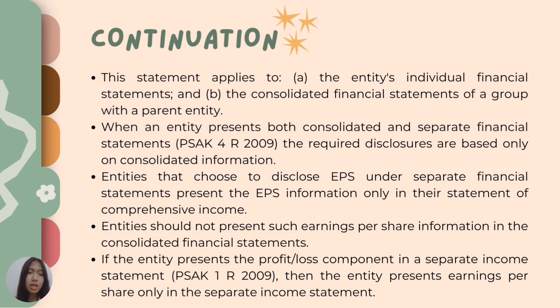Entities that choose to disclose EPS under separate financial statements present the EPS information only in their statement of comprehensive income, and entities should not present such earnings per share information in the consolidated financial statements.